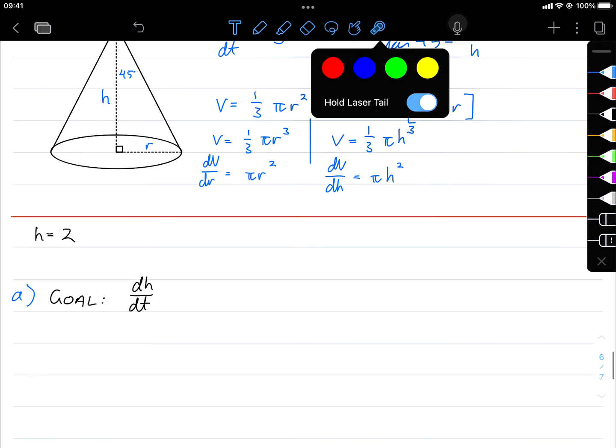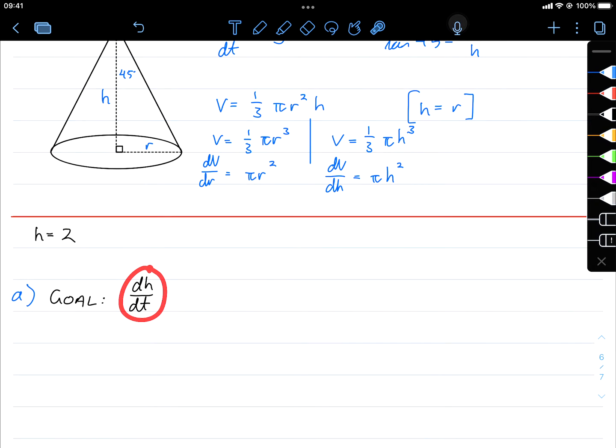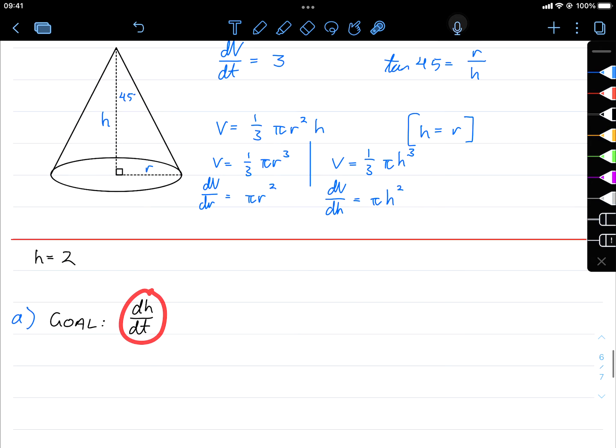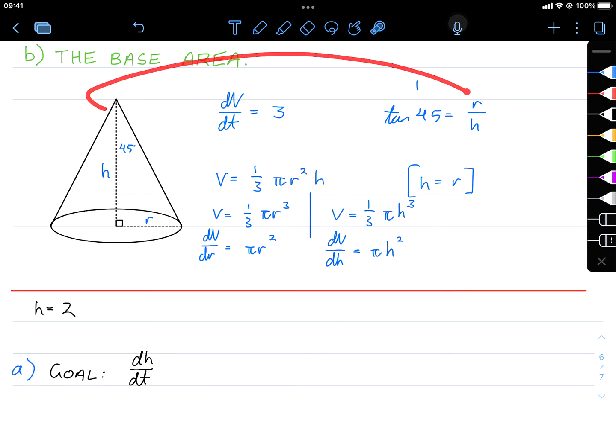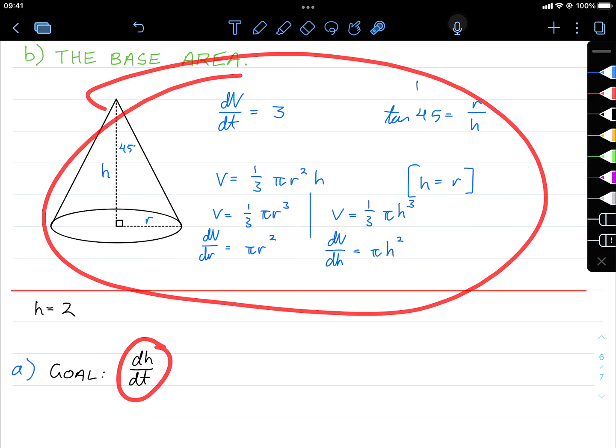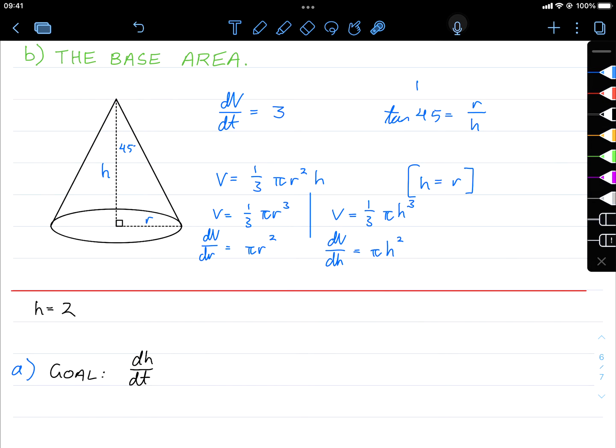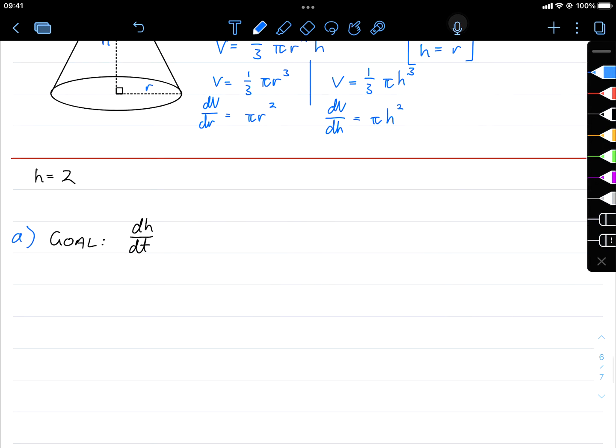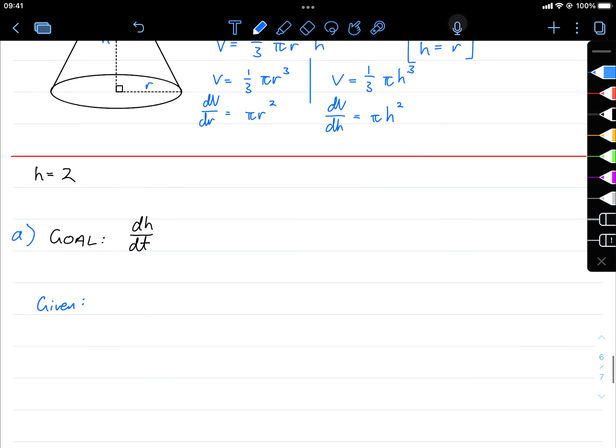So yeah, we're looking for dh on dt. In actual fact, there's enough information shown here to find exactly this, so I encourage you to pause and give this a go yourself. As I do this, you're going to see something new that you probably would not have considered. So now let's consider what we are given, or well, what we calculated.